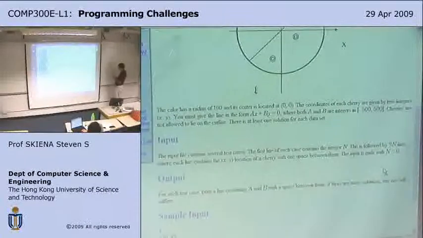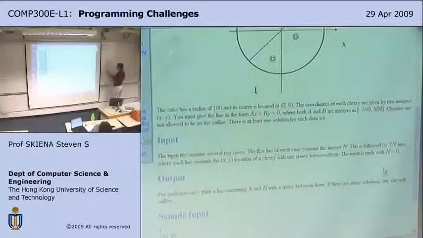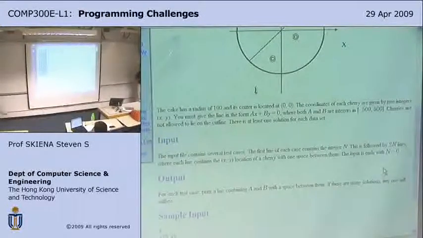Let's think about this special case, because it's actually kind of interesting. Suppose I promise you that no 3 cherries are collinear. There is no line that you can draw through the cherries. Is there always a solution?